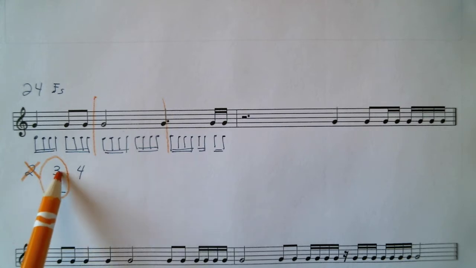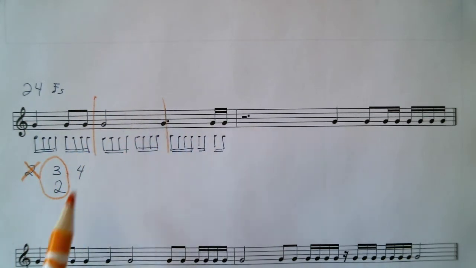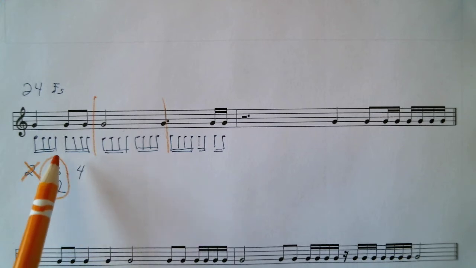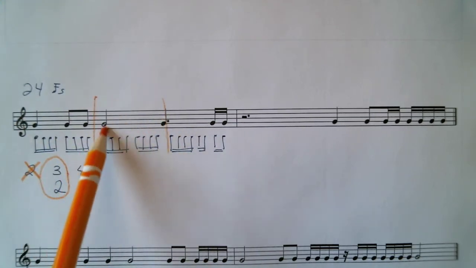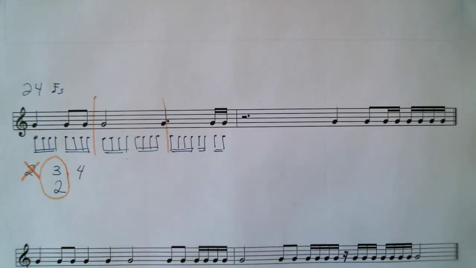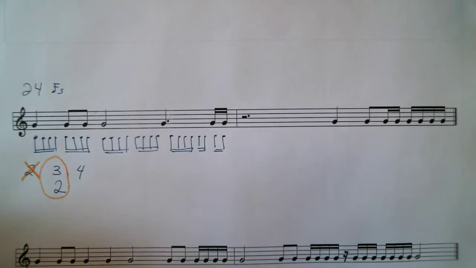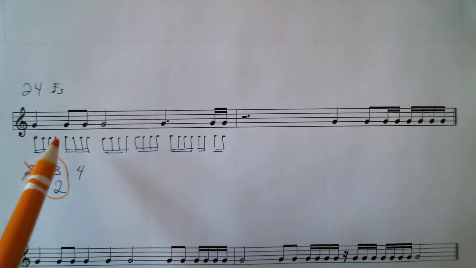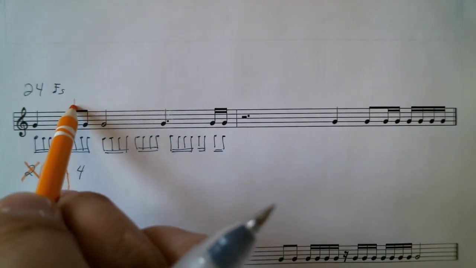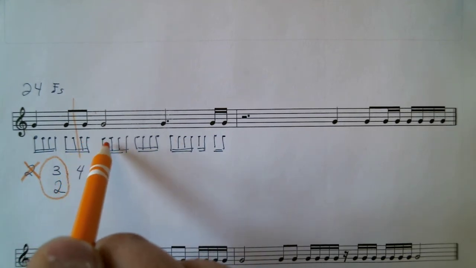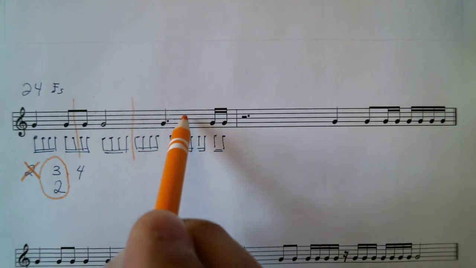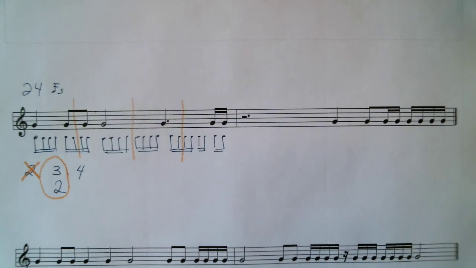So we use the top number to tell us how many beats there are in the measure, and the bottom number tells us what kind of note is used to represent one beat. And we're just figuring this out mathematically. Now, just to show you, if we had divided the 16th notes into 4 parts, that means that each beat would be 6 16th notes.